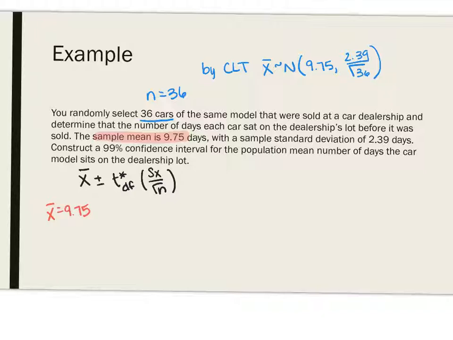We also need a margin of error. In order to get the margin of error, we need three things: a t star, an S of x, and the square root of n. From the problem, we can see that S of x, the sample standard deviation, is 2.39.